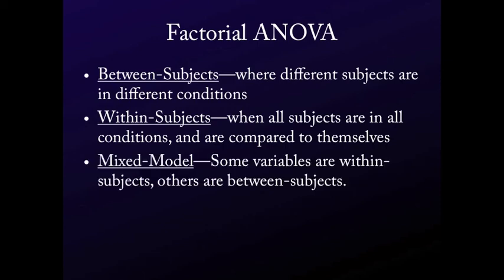And finally, you can do what's called a mixed model ANOVA. Now, mixed model ANOVA is a very fancy design in which some of the variables are within subjects and some are between subjects. So, for example, let's say you use this math course for males and females. The male-female independent variable obviously has to be a between subjects variable because you can't assign people to different sexes and then manipulate it.